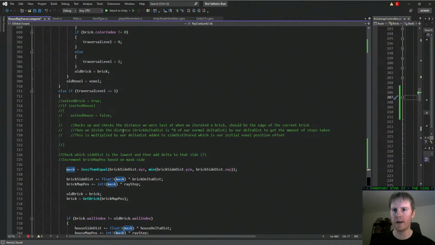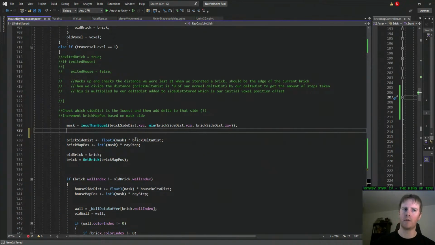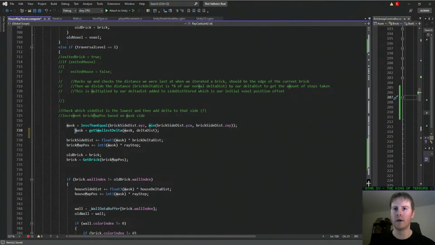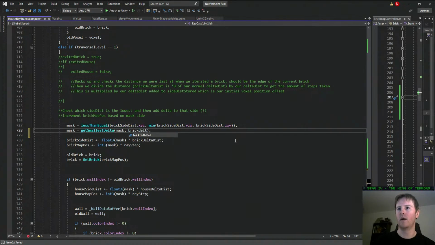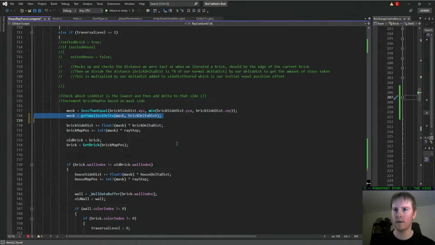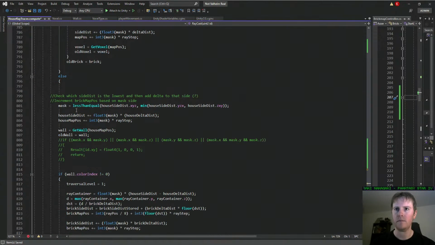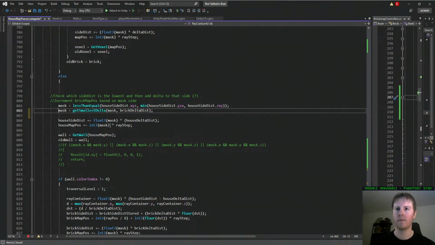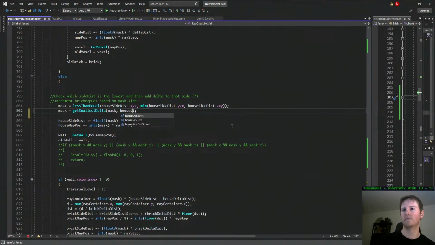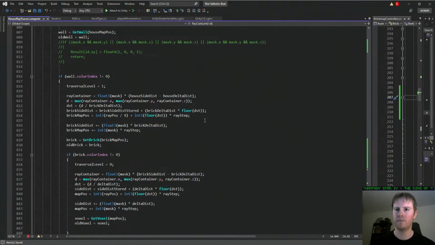And then every time we get a mask, we have to just double check the mask and get the smallest delta. I don't know if the smallest delta is what we want. It might be more complicated than that, but let's start there. There.